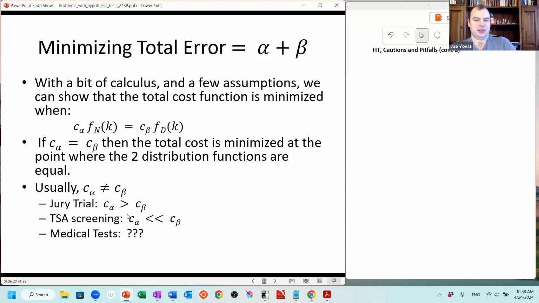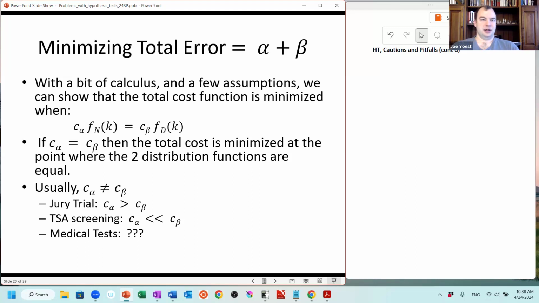But for something like, say, a TSA screening, deciding whether somebody getting onto a plane has a bomb on them, if we say, oh, I think that person has a bomb because some detector suggested that, and we say, okay, come over here, I want to open your suitcase and look through it, that's probably a pretty small cost relative to the cost of, say, mistakenly letting somebody with a bomb onto a plane.